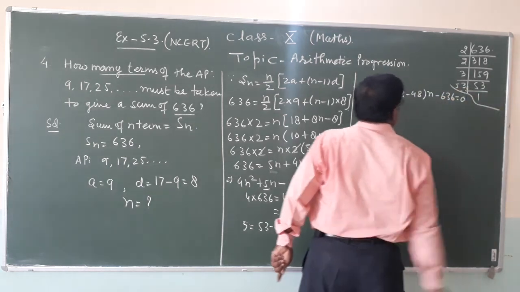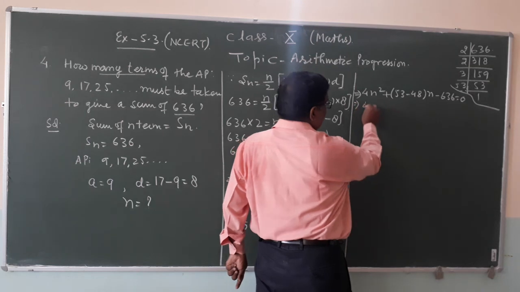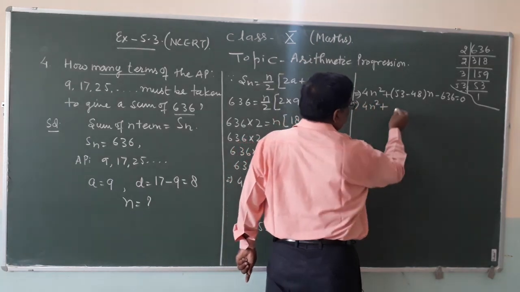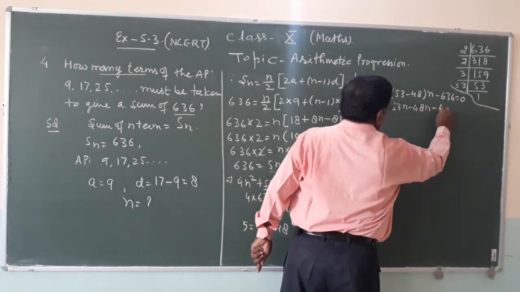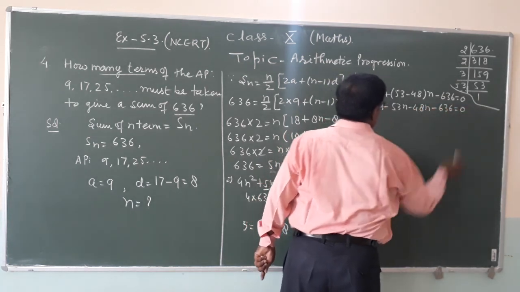Open the bracket: 4n square plus 53n minus 48n minus 636 is equal to 0.